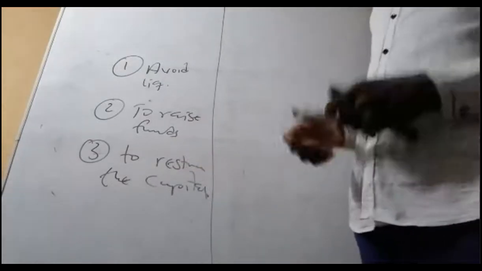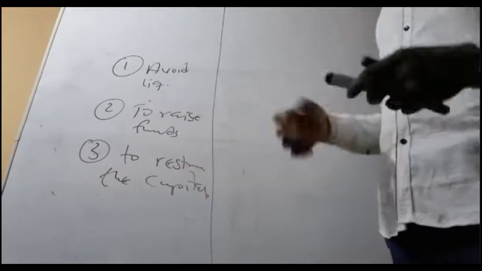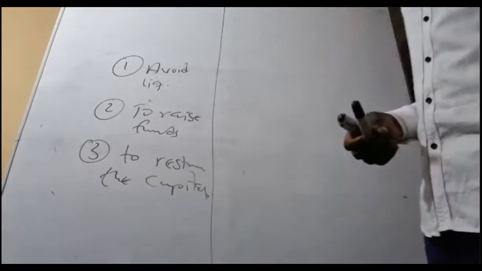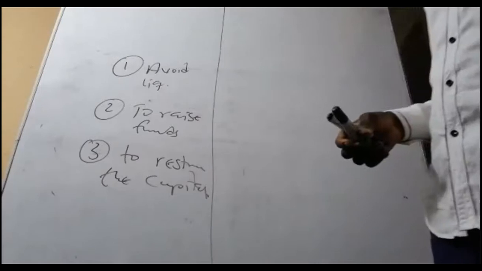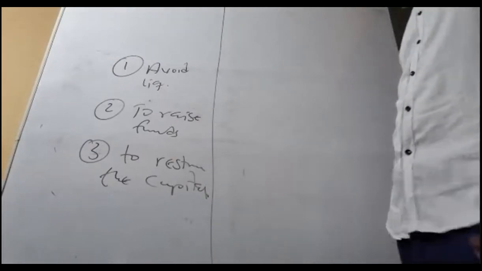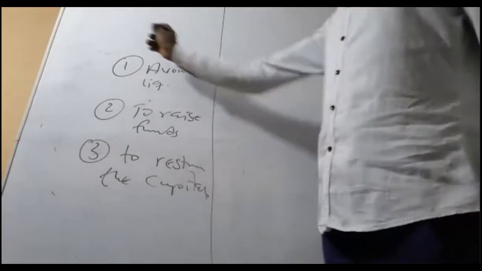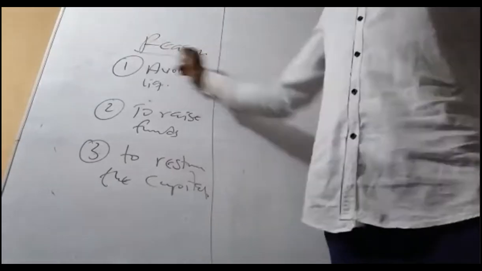If we're a company that debt is increasing every day, if you don't take one time and design a scheme to restructure your capital base, a time will come, this debt will be more than your assets, and then you'll be declared bankrupt. So take note of that. This is reasons for what? Capital reduction scheme or reasons for reconstruction.